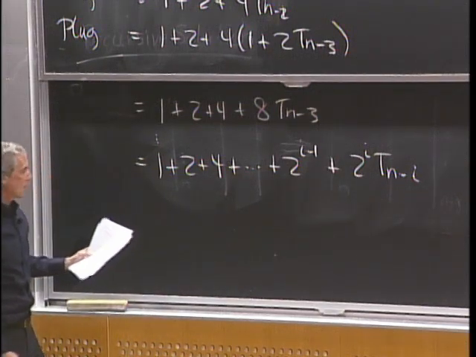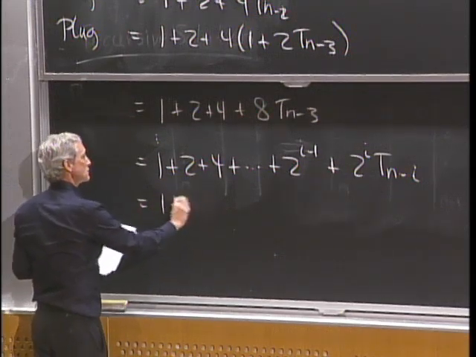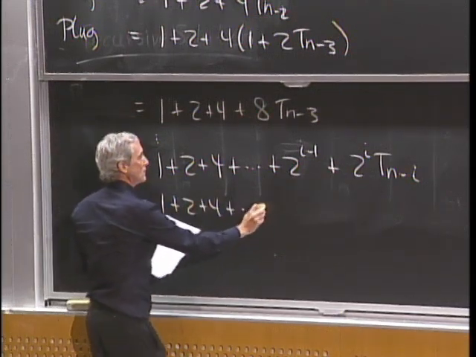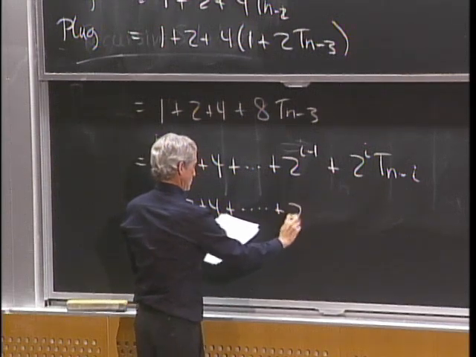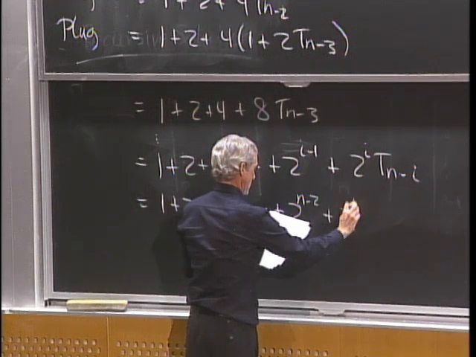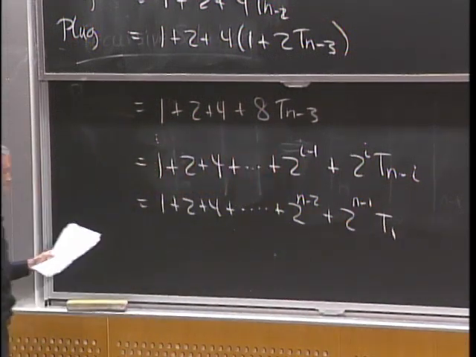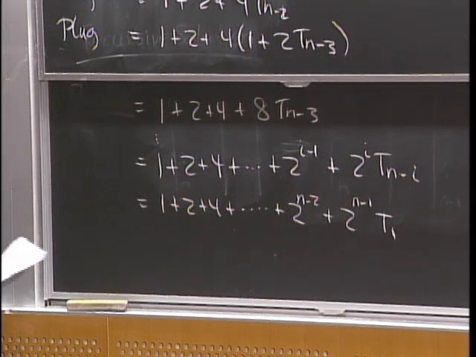And then I take this all the way down to i equals n minus 1. 1 plus 2 plus 4 plus 2 to the n minus 2, plus 2 to the n minus 1 T(1). And T(1) is just 1.